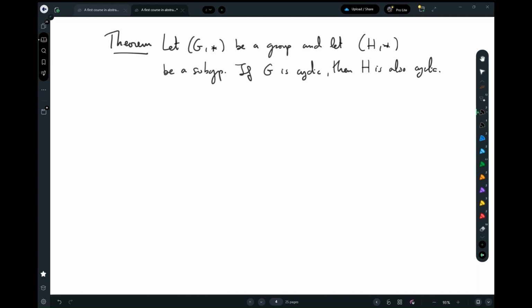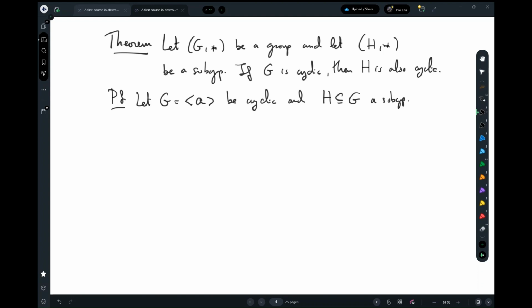Okay, so how do we prove that? So let's start by assuming that G is a cyclic group. Let G be generated, let's say, by some element a, be cyclic, and H a subgroup.